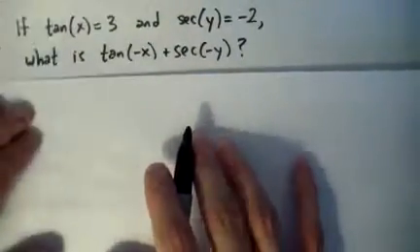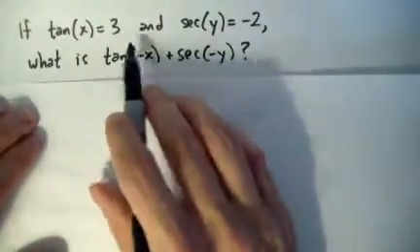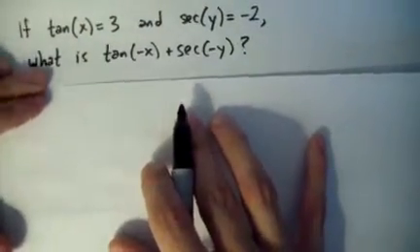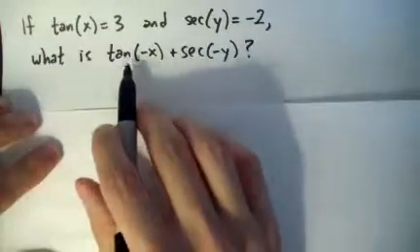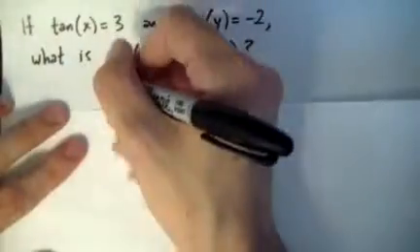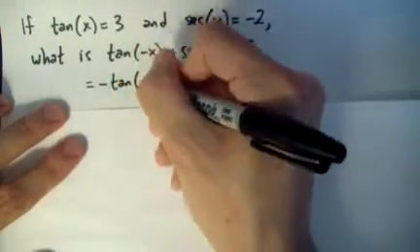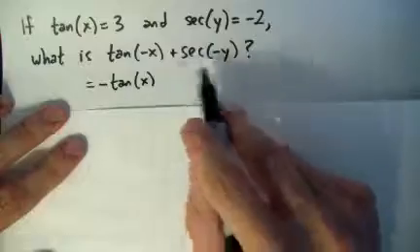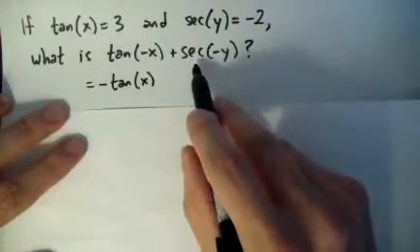Okay, so now we're told that tangent of x is 3, and secant of y is minus 2, and we're asked what is tangent of minus x plus secant of minus y. Well, remember tangent is odd, so that's going to be minus tangent of x, and secant and cosine are reciprocals of each other, so because cosine is even, secant is even as well.